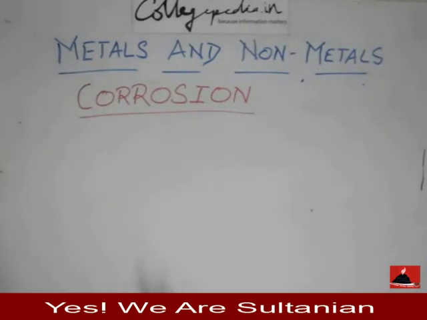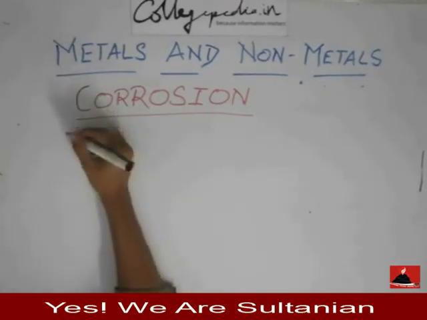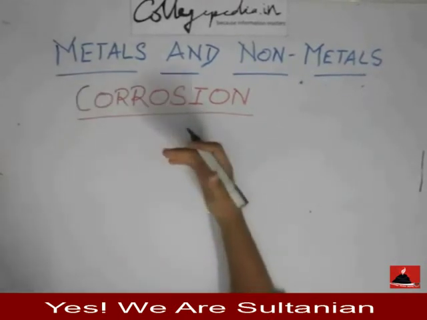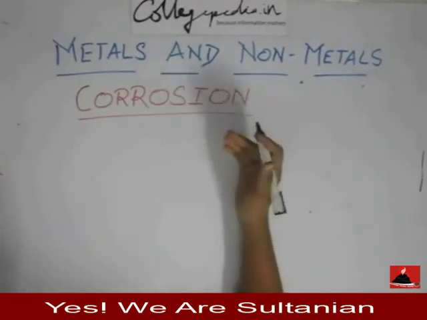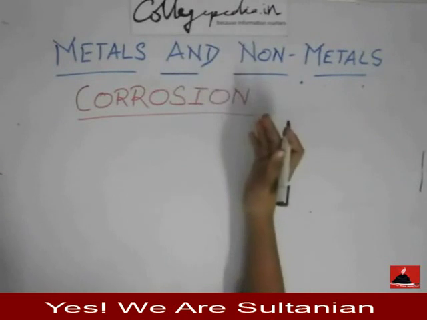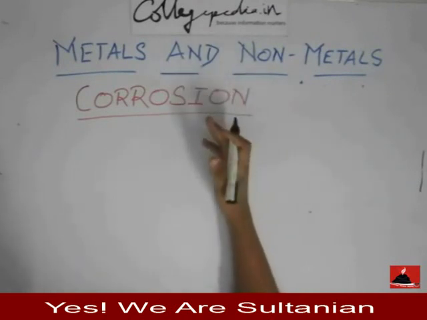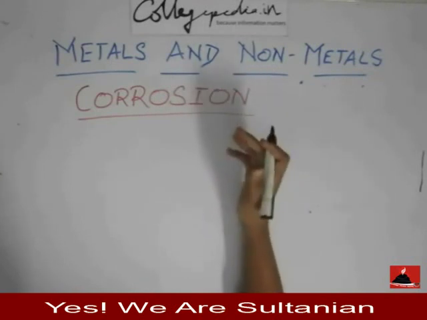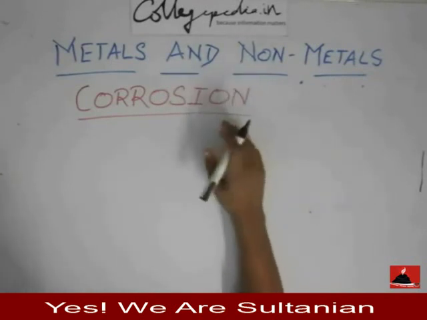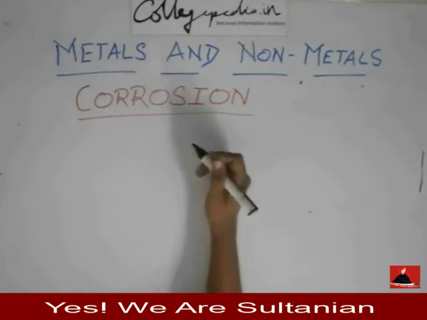But what is the actual meaning of corrosion? Corrosion is basically the eating, if a metal is eaten away by some external force like water, moisture, air, or any chemicals, so that process is known as corrosion.